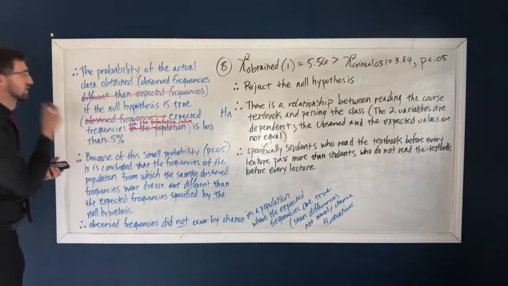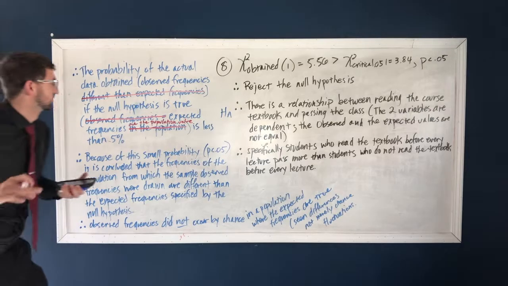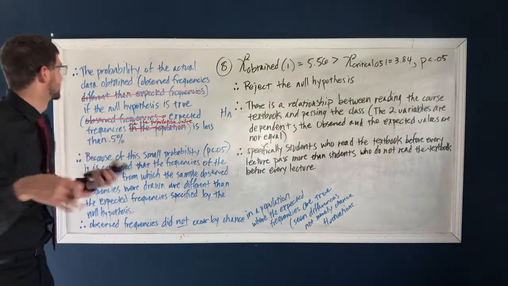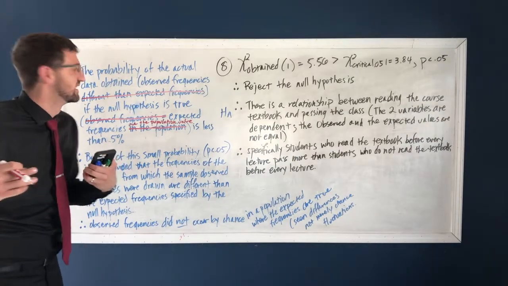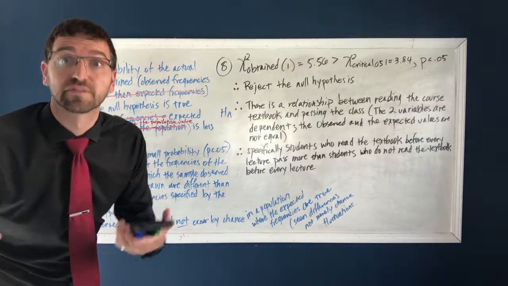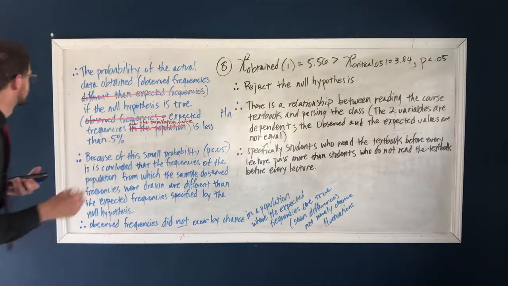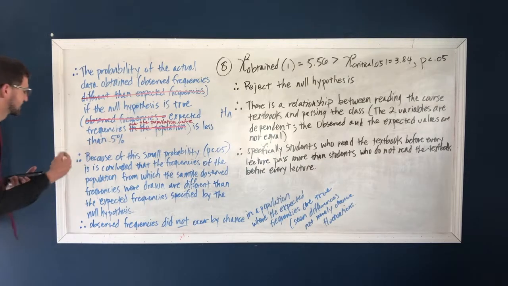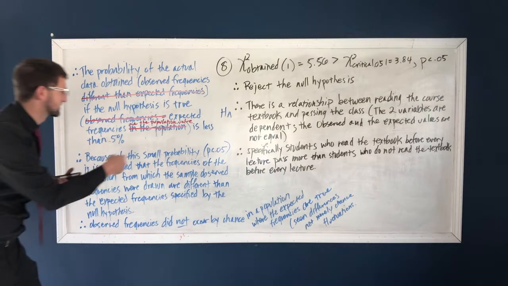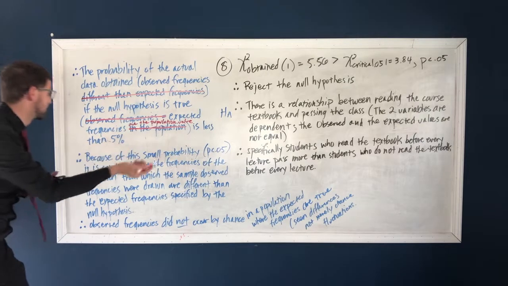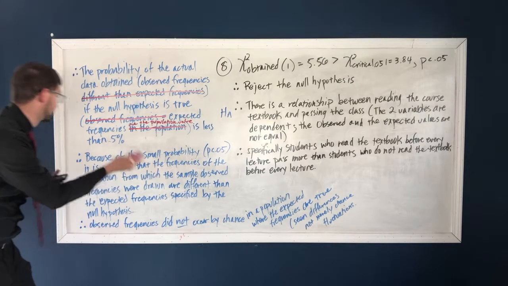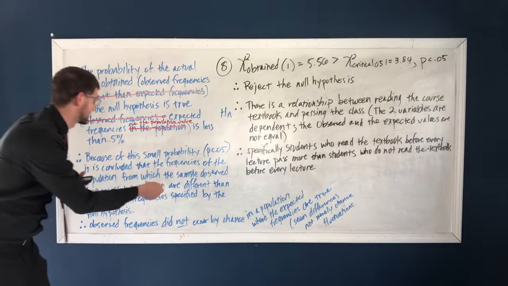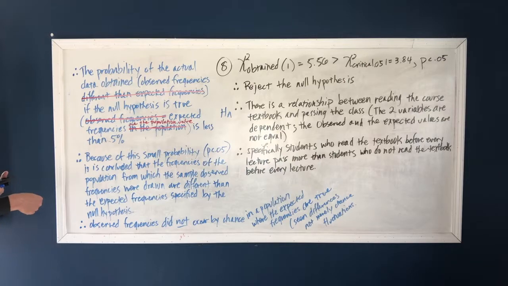If the null hypothesis is true, the null hypothesis is represented by the expected frequencies. So if the null hypothesis is true, it means that the expected frequencies are the population values, is less than 5%. Because of this small probability, p is less than 0.05, it is concluded that the frequencies of the population from which the sample observed frequencies were drawn are different than the expected frequencies specified by the null hypothesis.